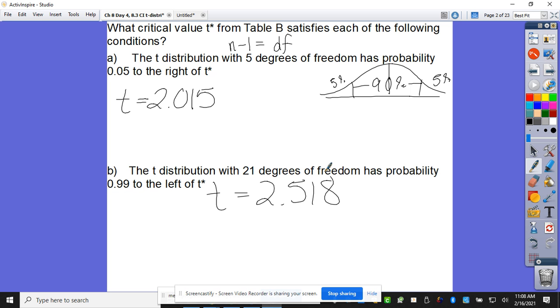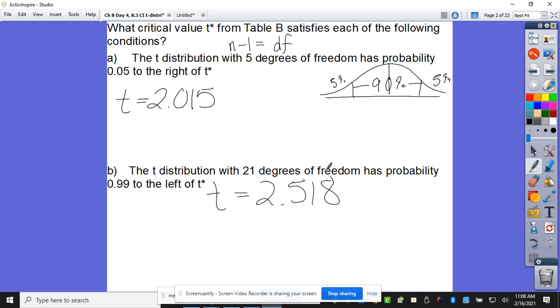Do C through G really quick and just make sure we know how to find our t values, maybe a minute. So C doesn't give you degrees of freedom, it gives you what instead?